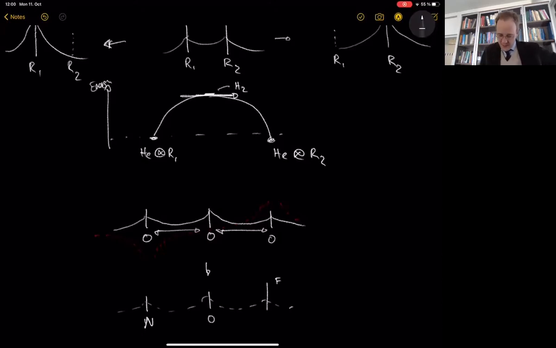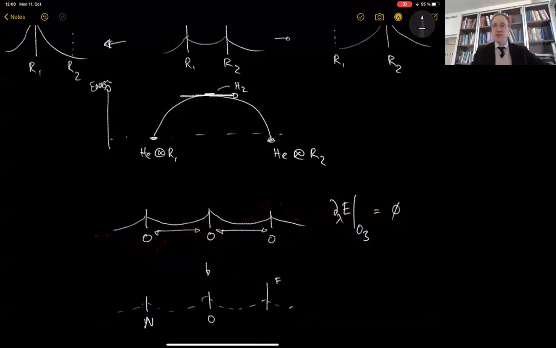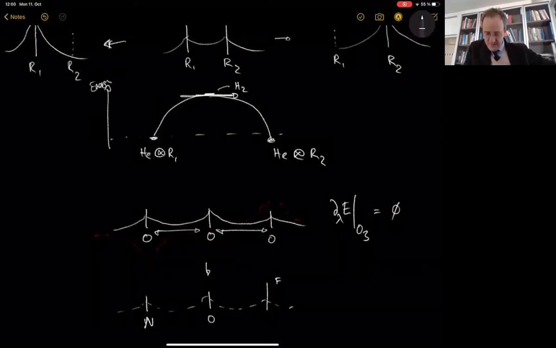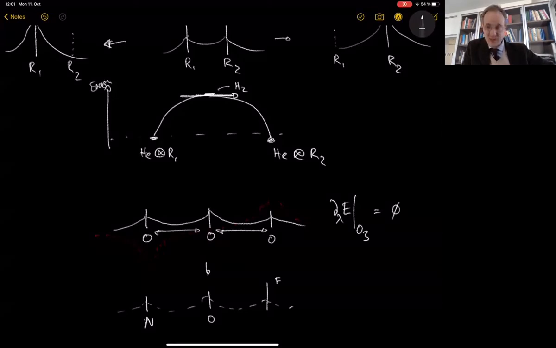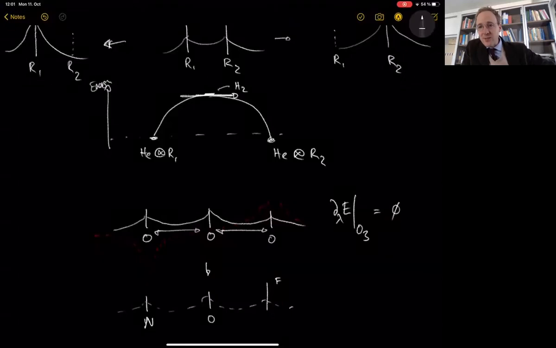Then you see the derivative evaluated at O3 must also be 0, because there would also be an integral of the red curve multiplied with the white one. So this is an odd times an even function.